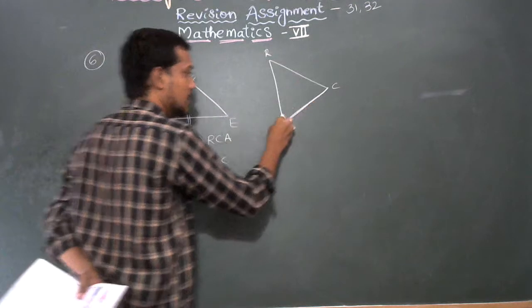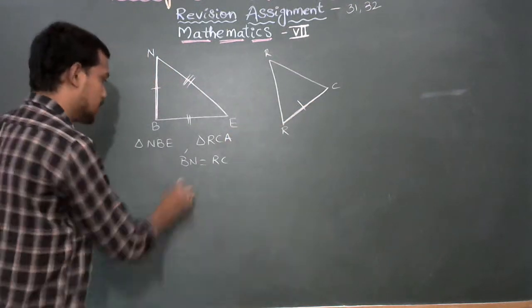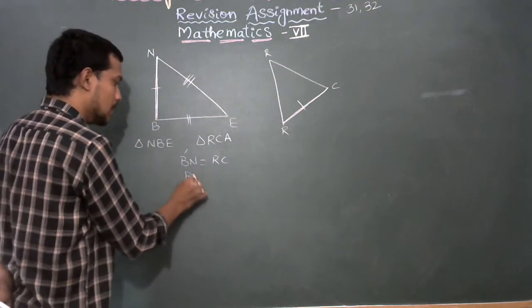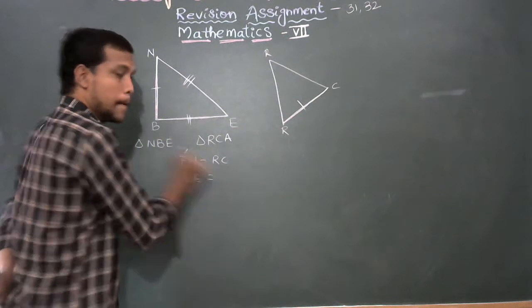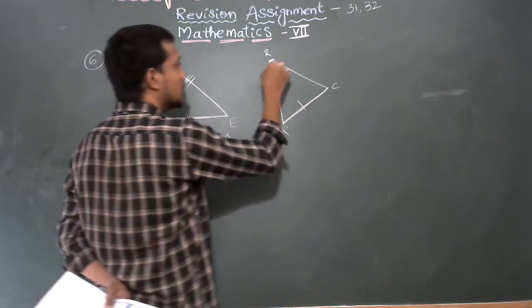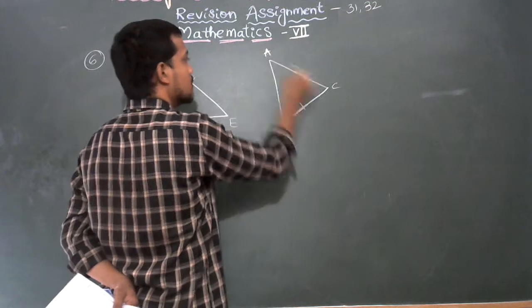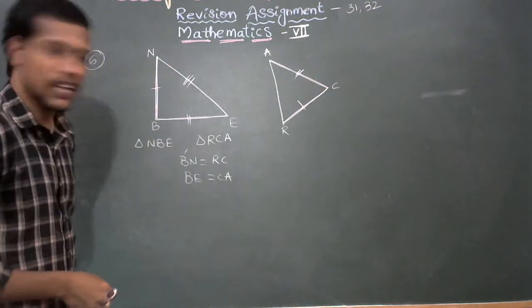So this side and this side must be equal. And next, BE is equal to CA. These two are equal.